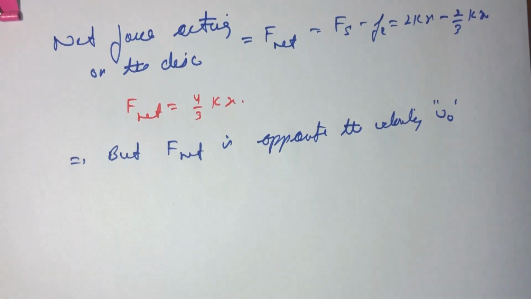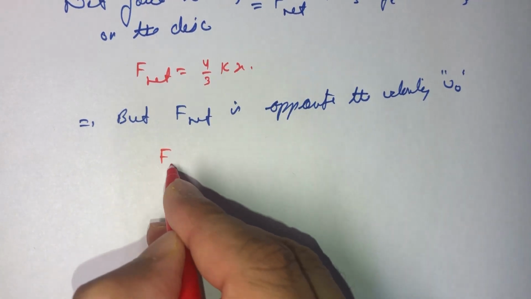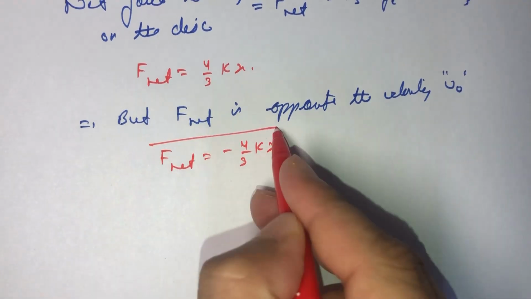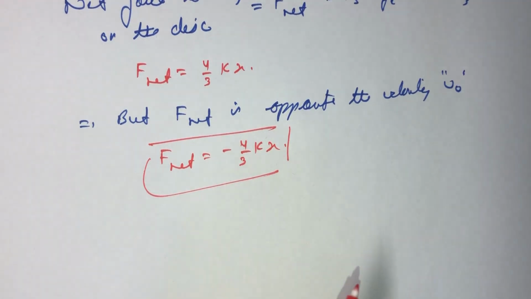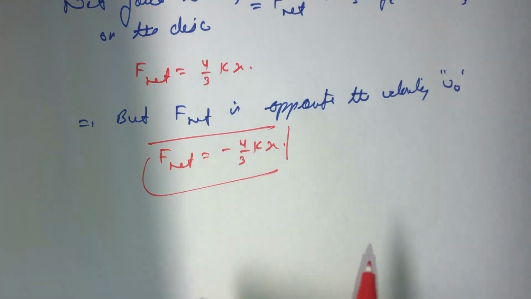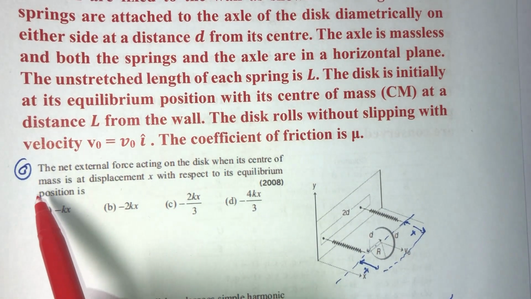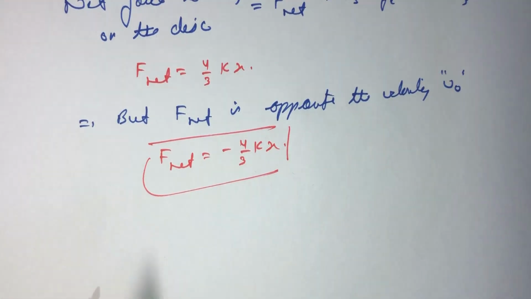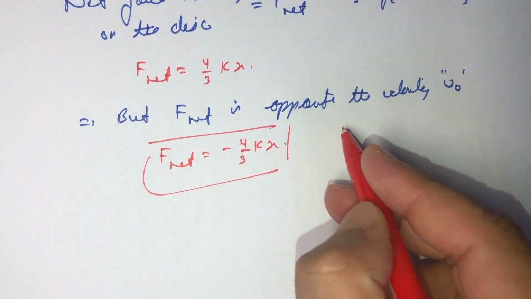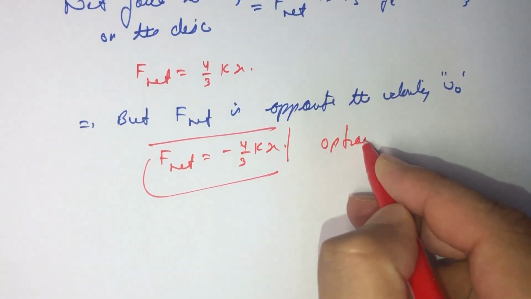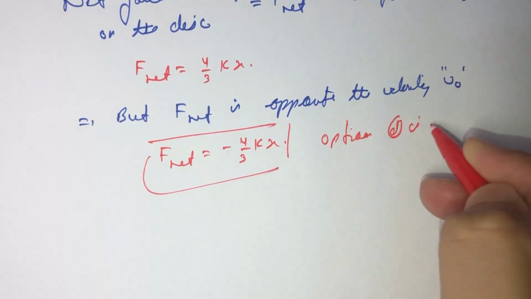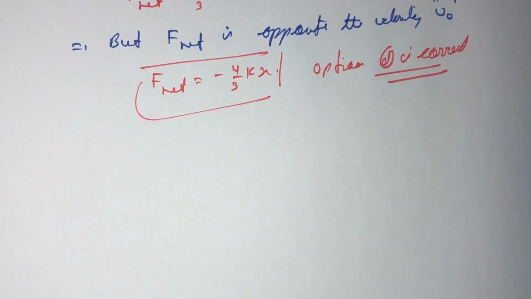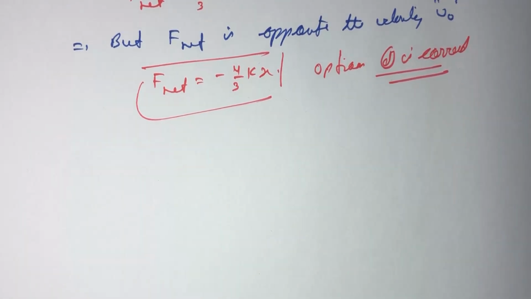Therefore, we can write that F net will be equal to minus 4 by 3 kx. So we got the net force. For question A, option D is the correct option.